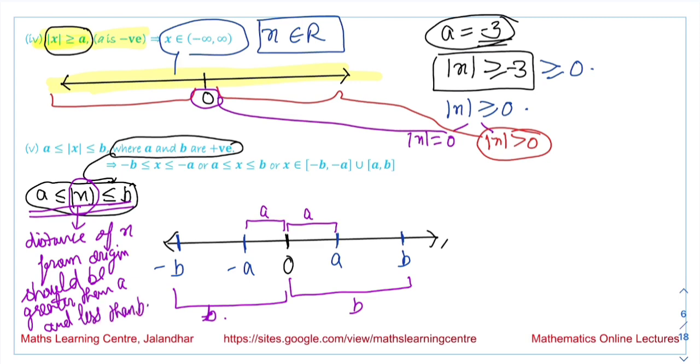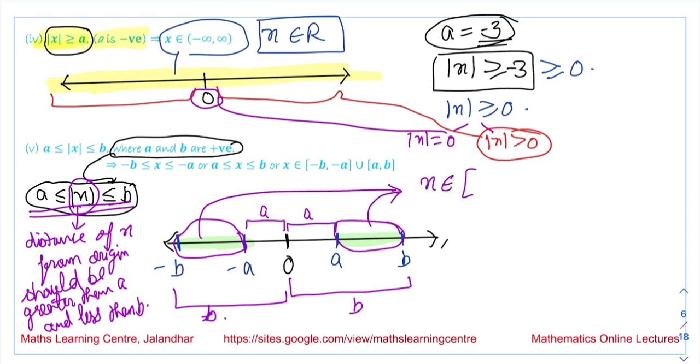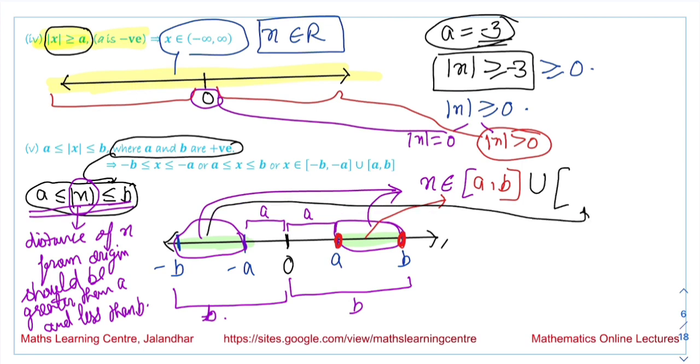It means we are interested in all those points whose distance from the origin is greater than a and less than b. So these are the points we are talking about. And how we represent these points, x belongs to what this interval represents: it is a to b, where a and b are included, union, these points over here, minus b to minus a.